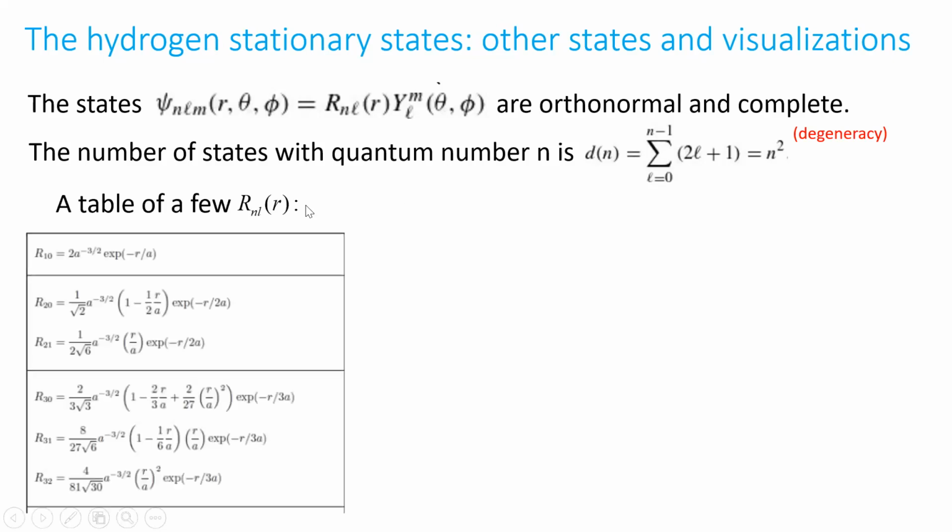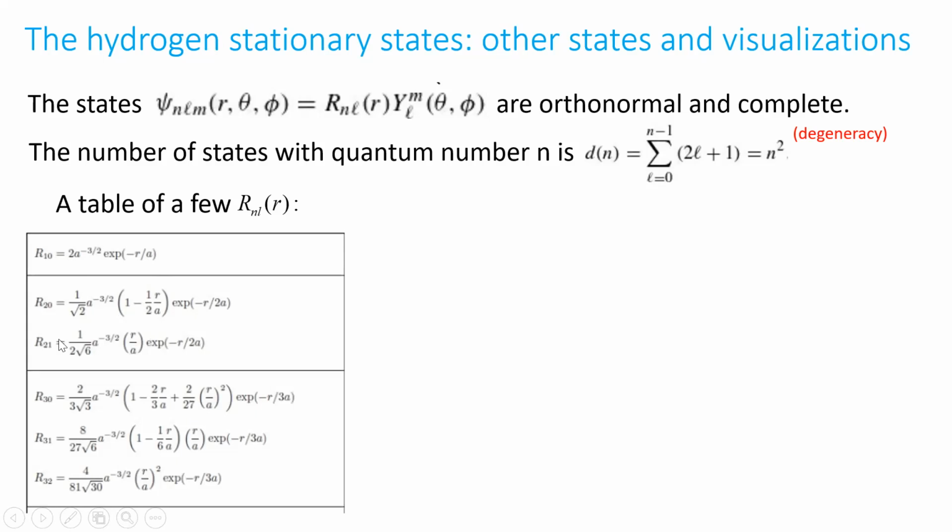Okay, so this is a table of some of the R n L, so some of the other states. This is the ground state here, which we looked at, the r part was 2 over a to the 3 halves e to the minus r over a. If we look at n equal 2, we see that instead of e to the minus r over a, we get e to the minus r over 2a.